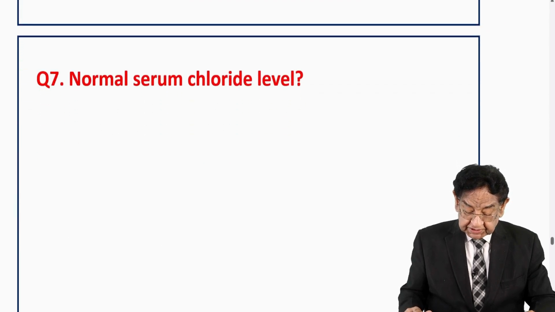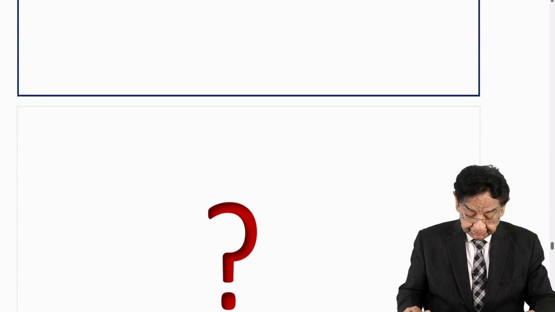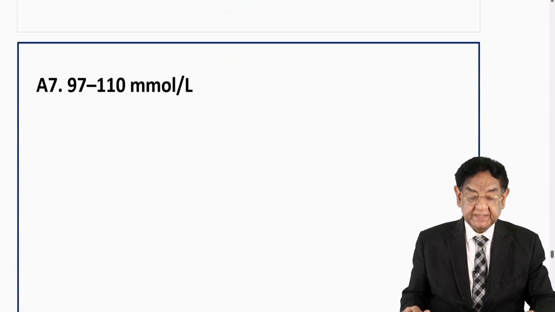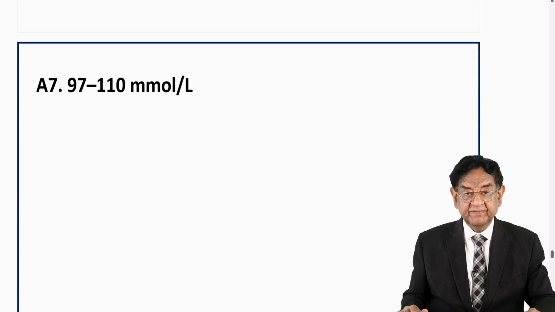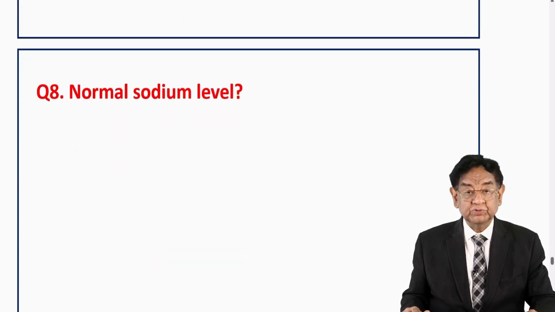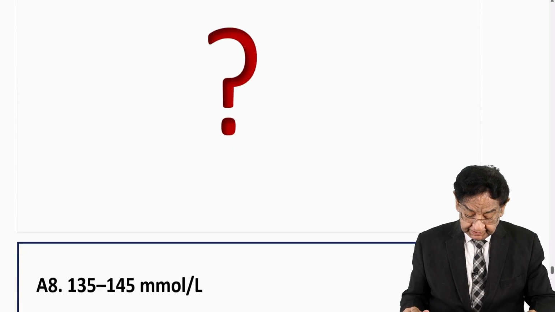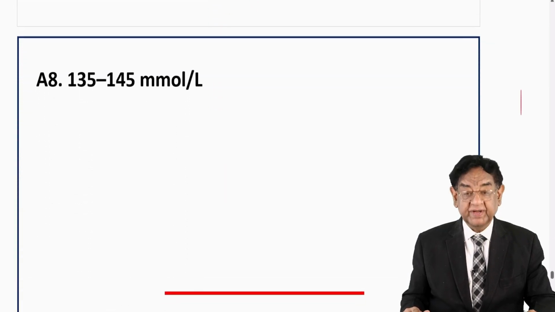Normal serum chloride level? 97 to 110, we can take 100 as the average. Normal sodium level? 135 to 145, the average we take is 140.